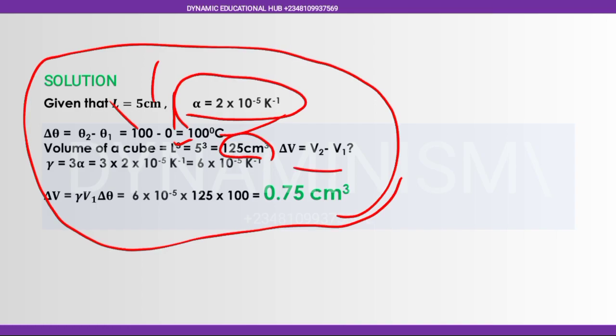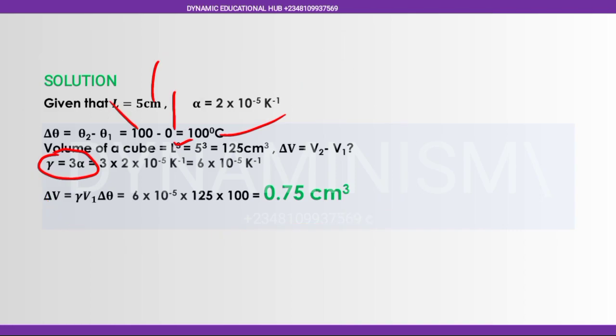So change in volume is what? V2 minus V1. Oh yeah, you are given alpha instead of gamma. Go ahead and use this relationship. Gamma is what? 3 alpha. Your gamma is 3 alpha. Go ahead and use it. So multiply 3 by your coefficient of linear expansivity, you get this. Substitute it in this formula. We all know this formula.